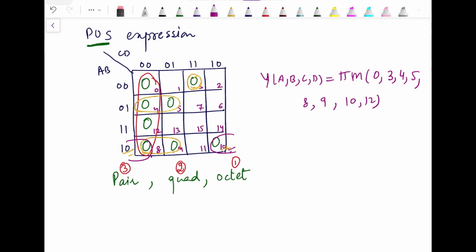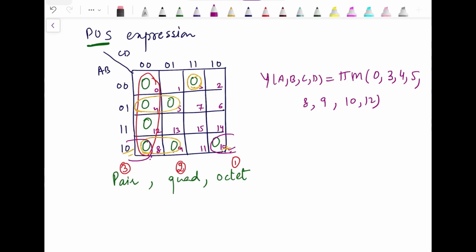Then this max term 10 can be combined with 8 in order to make a pair instead of keeping it single. So in this way, you can use the min term or max term multiple times, provided that you have another min term or max term which is lying single. This is how we can make the different combinations in the K-maps.